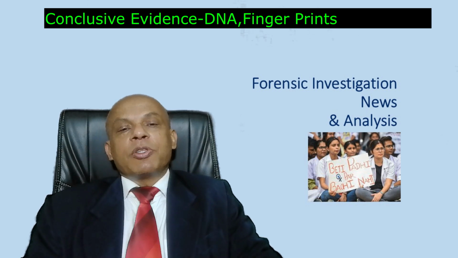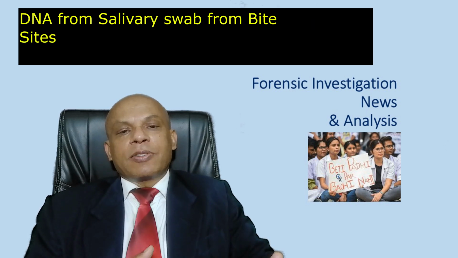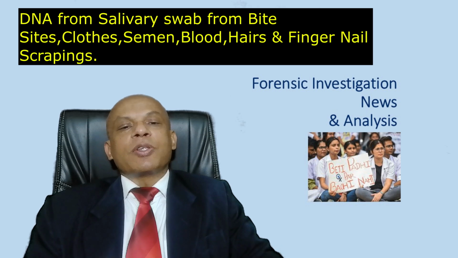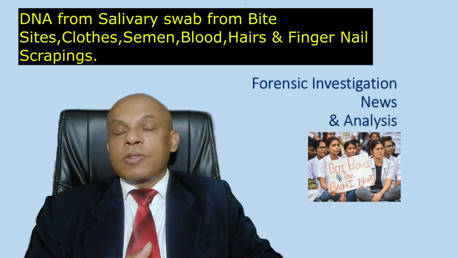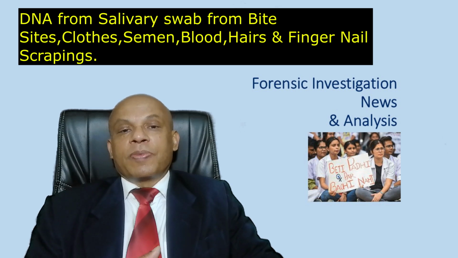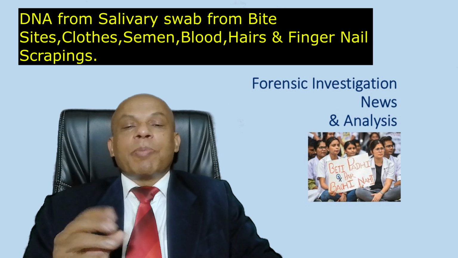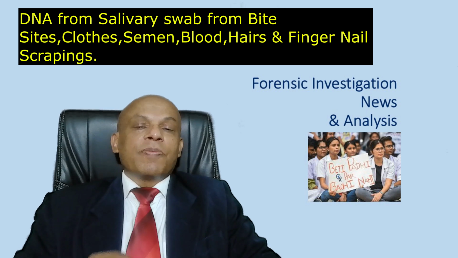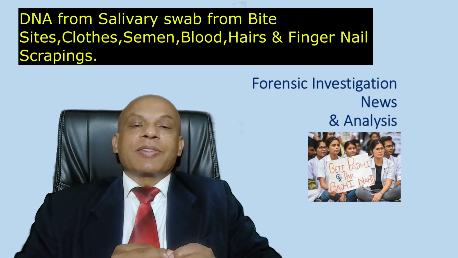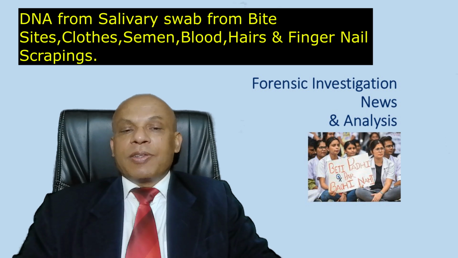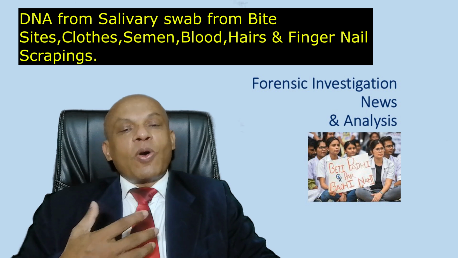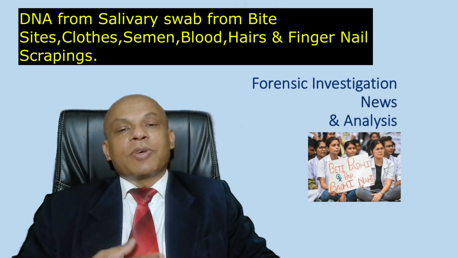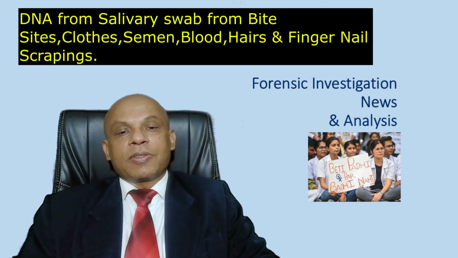At the crime scene, it may be the clothes or the bedspread or the mattresses, where we find the blood sample, the semen sample, or the salivary stains, or the hair follicles, and the clothes. And on the body, again, the bite marks where we get the salivary stains, the nail scrapings where we get the DNA evidence, and of course the clothes on the victim, where there is the possibility of DNA evidence.